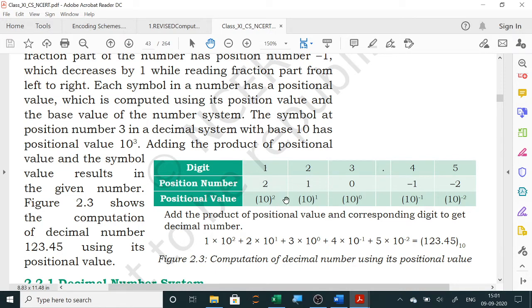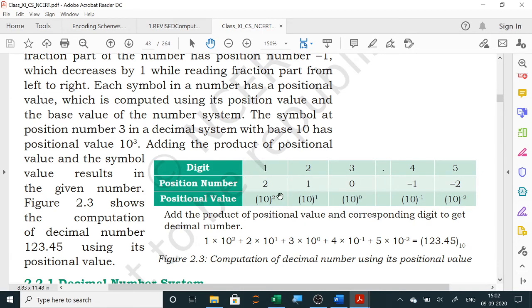If it is an octal number it will be 8 to the power 0, 8 to the power 1, and so on. If it is a binary number we write 2 to the power 0, 2 to the power 1, 2 to the power 2, and so on.